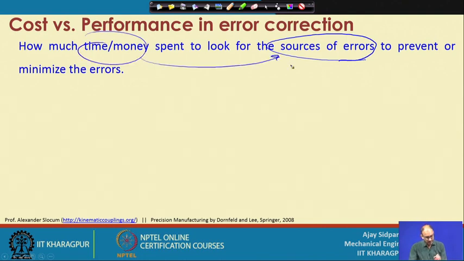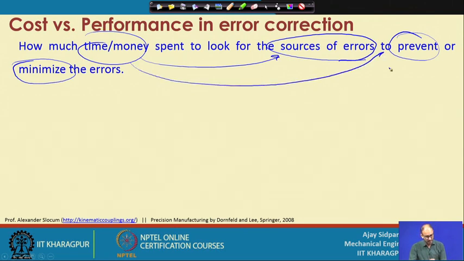Once you identify that source location, then the next thing is that you have to either prevent that particular error, or if it is very difficult to prevent, you can minimize it. But still, you again have to spend money for either preventing that error or minimizing it. How much money and time you can spend depends on the importance of that particular component or that particular machine.